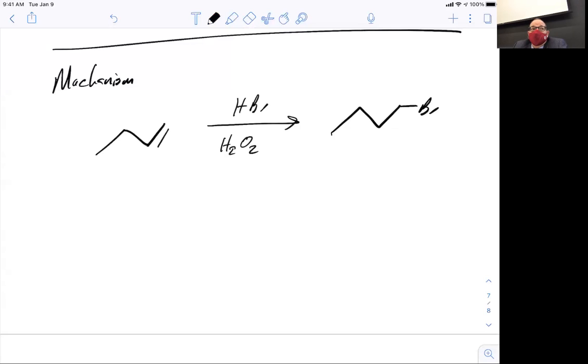Okay. If you're stuck, remember this is a radical reaction. And a radical mechanism has 3 steps: initiation, propagation, and termination. So we need to show those 3 steps.